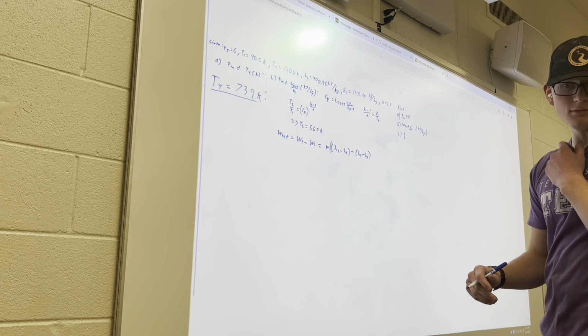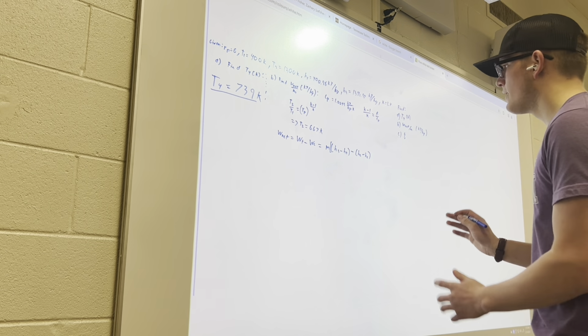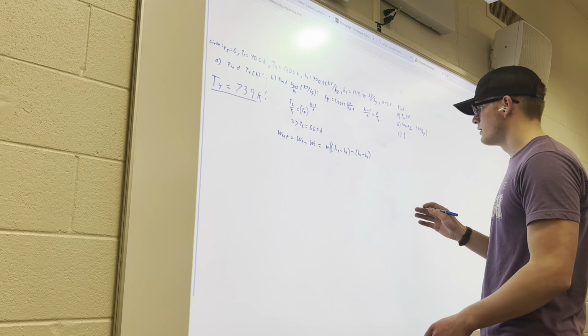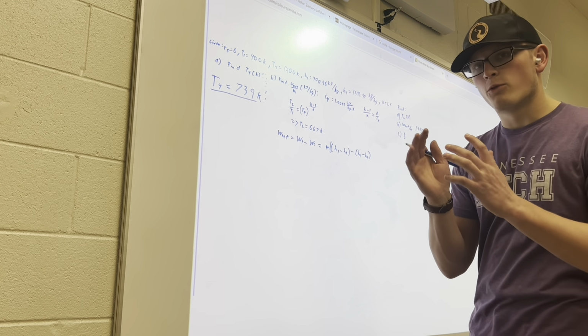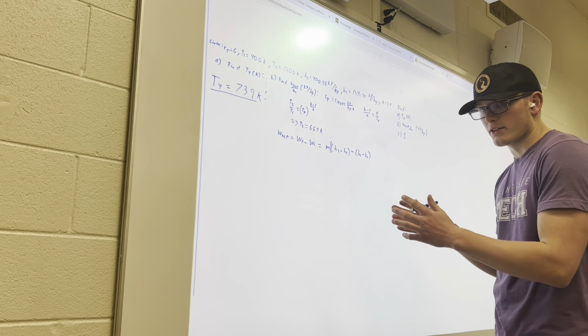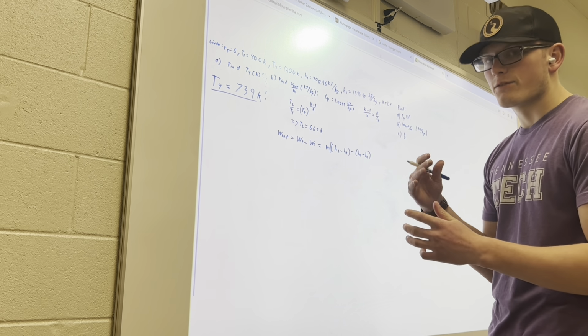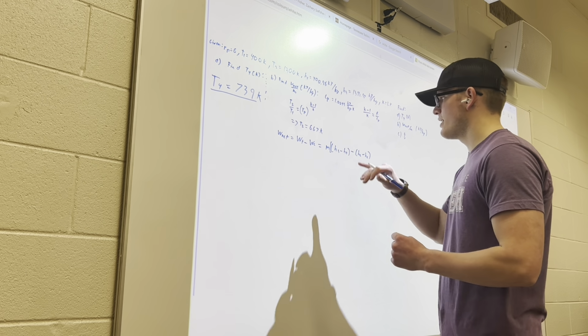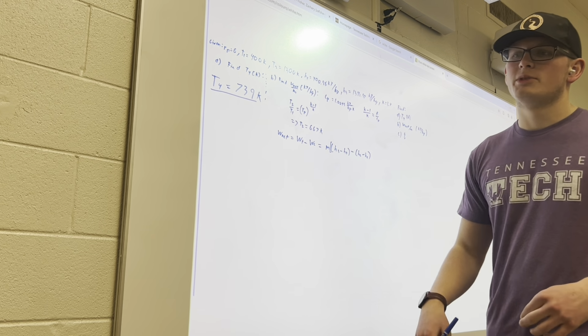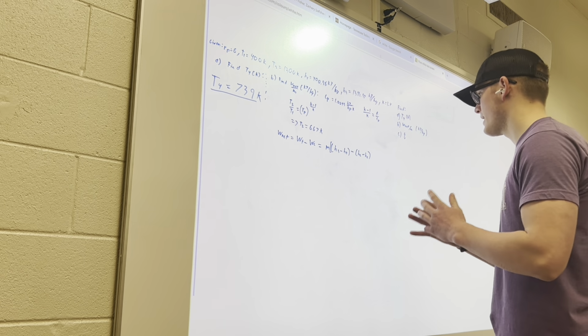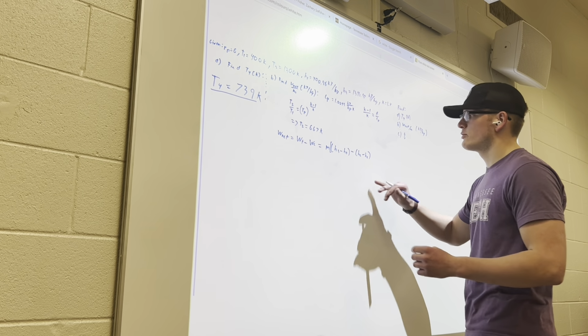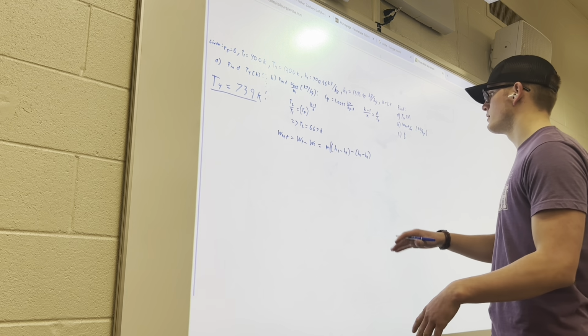Now, if you ever forget which enthalpies you need to use where, you can remember that 3 and 4 are together, and 1 and 2 are together, and you're subtracting from the bigger number. So H3 is bigger than H4, which means you're going to subtract H4 from H3. H2 is bigger than H1, which means you're going to subtract H1 from H2.